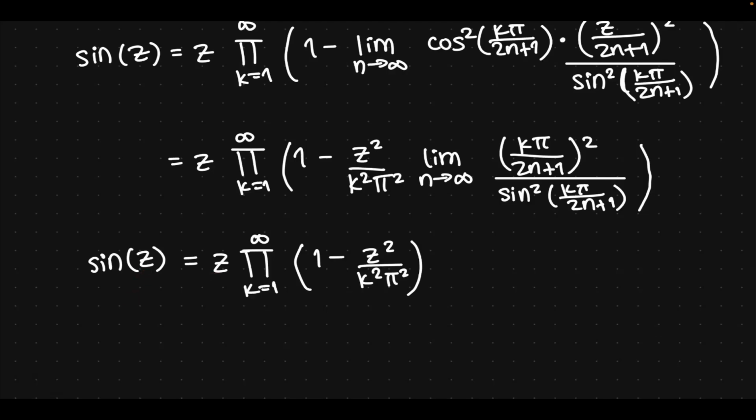And this is basically what we use to prove Euler's reflection formula, because once we have a product representation of the gamma function, just multiply gamma of z and gamma of 1 minus z, and you end up with a product that looks like this Wallis product. It's a very nice product. It helps you prove a lot of things, like the derivative of the Riemann zeta at 0, as an example.